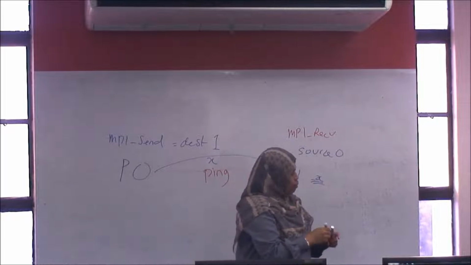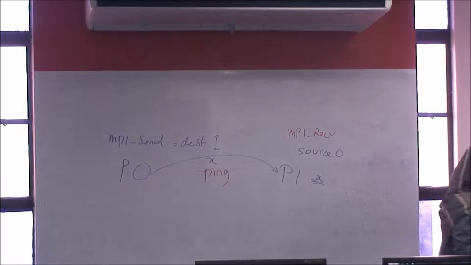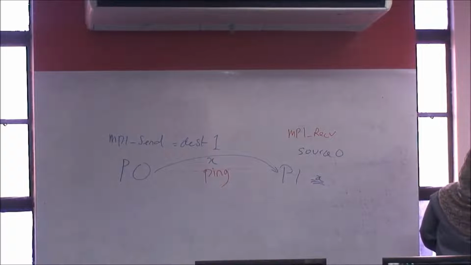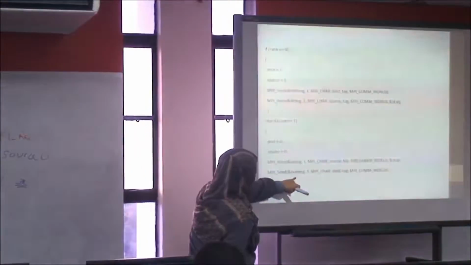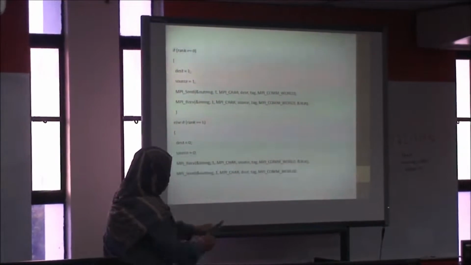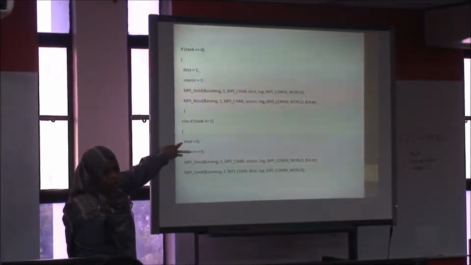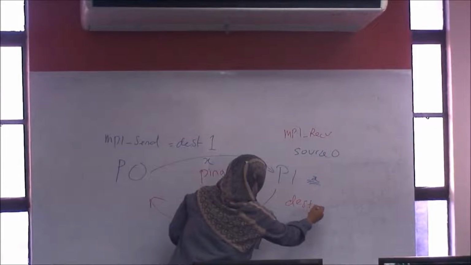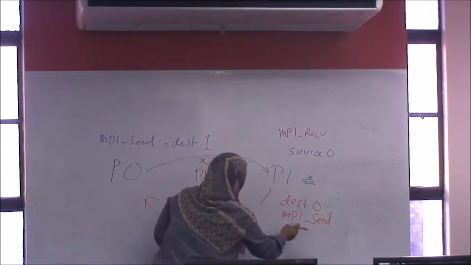Okay. So now next, processor 1 would like to send the message to 0. That's why you see there is MPI send over here. MPI send the out message of MPI char, and now the destination is 0. So it needs to call MPI send.